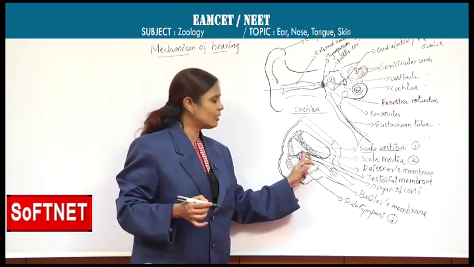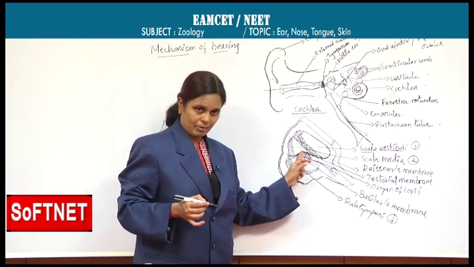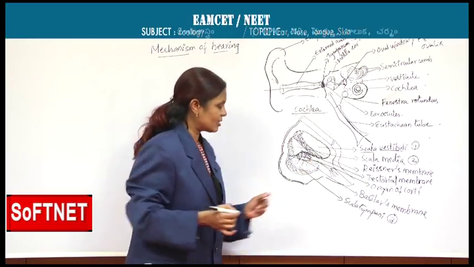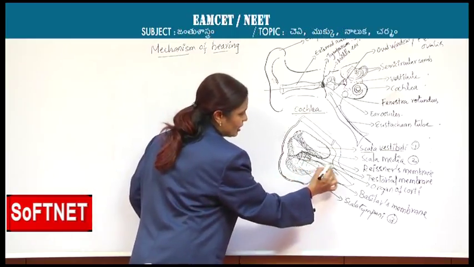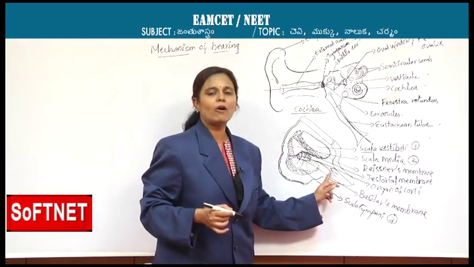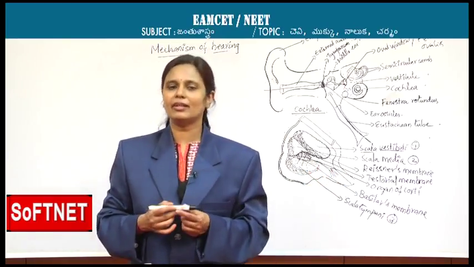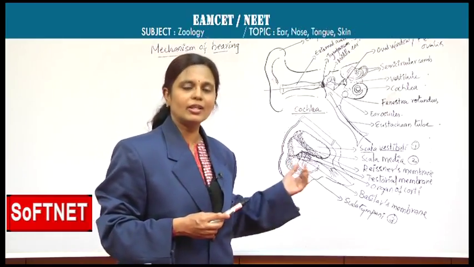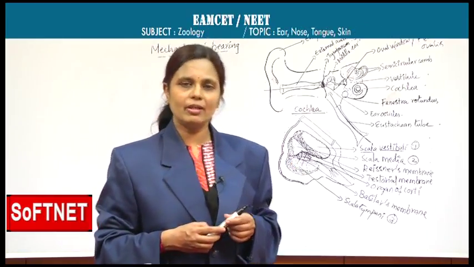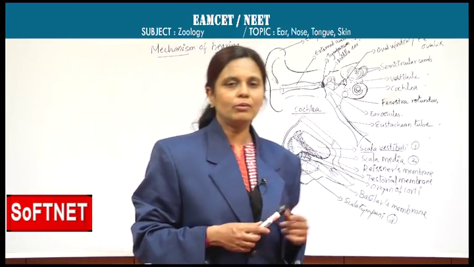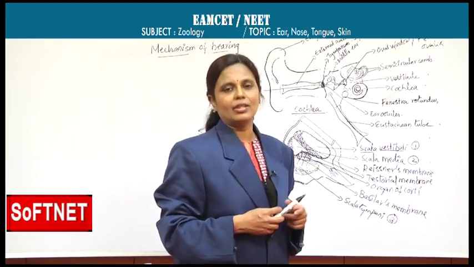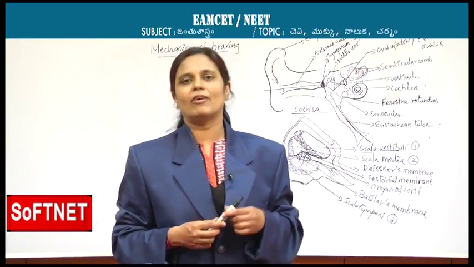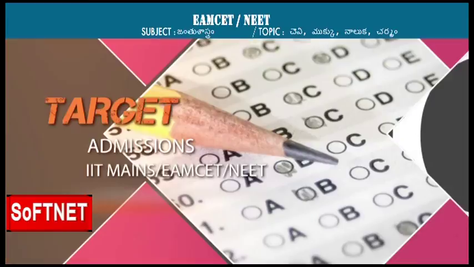Now, the stretching of this tectorial membrane generates action potential in the hairy cells, and now the action potentials are received by the cochlear branch of auditory nerve. Now, these action potentials or nerve impulses will be received by medulla oblongata through auditory nerves, and where information is processed and analyzed accordingly, it is hearing.